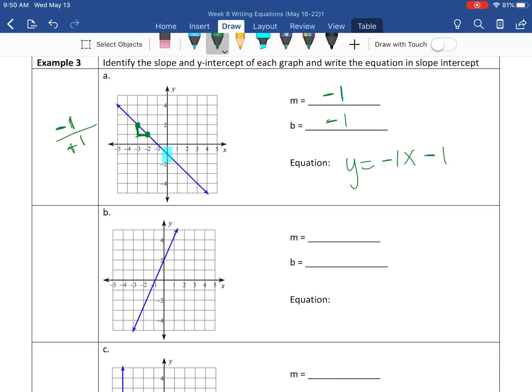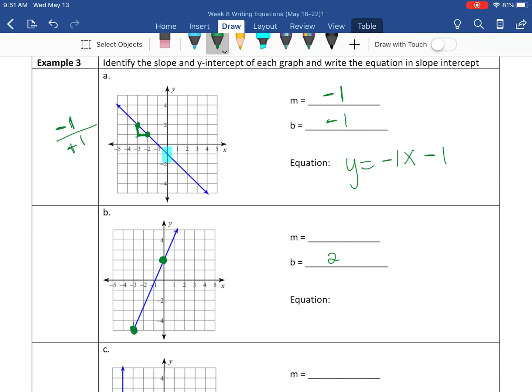It'd be a good idea to pause and try a couple of these next ones. So again, I'm going to pick points, and I'm going to make sure they're nice points. So I'm going to make sure they're crossing, so I'm going to pick this point, which actually happens to be the y-intercept. So we know our y-intercept is 2, and it looks like our next nice point is all the way down here, isn't it?